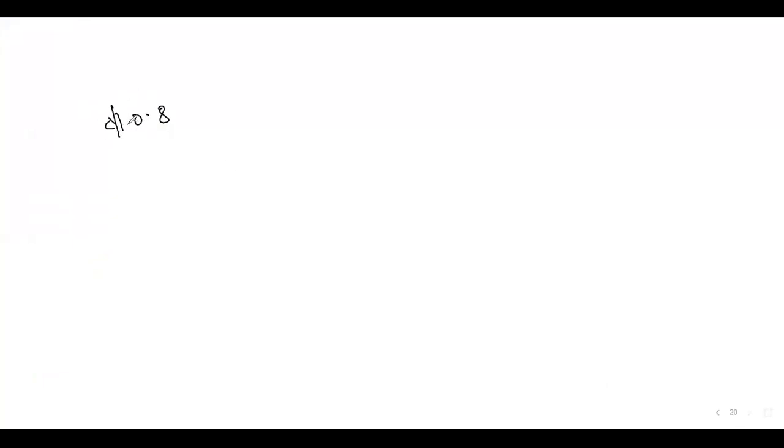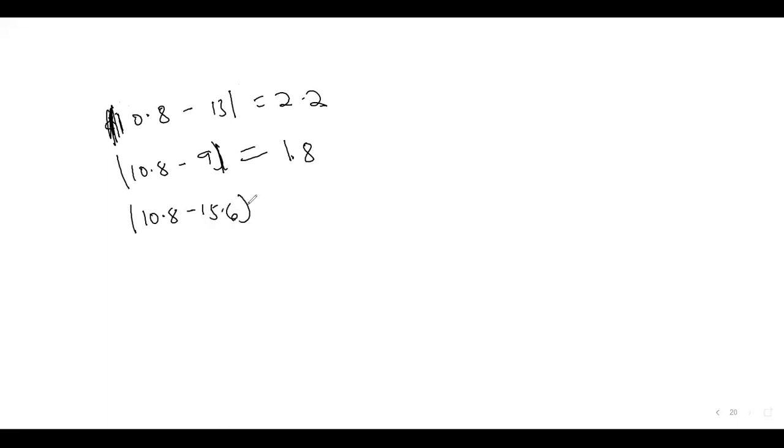Mean of group 1 minus mean of group 2, absolute: 10.8 minus 13, we had 2.2. Then group 1 versus group 3, 10.8 minus 9, we had 1.8. Then group 1 versus group 4, 10.8 minus 15.6, we had 4.8.